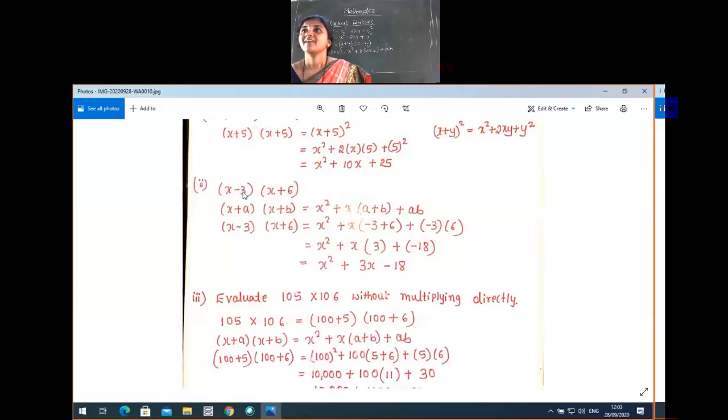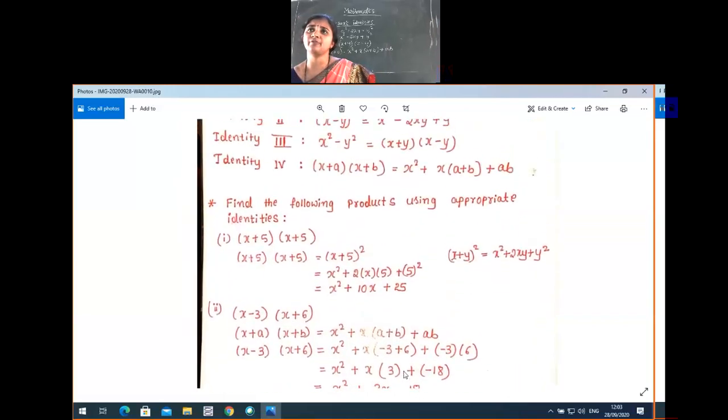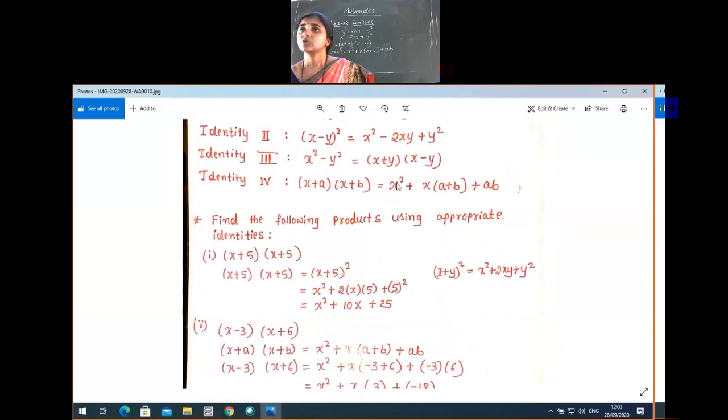Which one can we use for this? (x + a)(x + b). Why do we have to use that fourth identity? Because here a and b are different. Here a and b are different, but it also has the sign different. Many students get confused in this step. Okay. x square minus y square is (x + y) into (x - y).